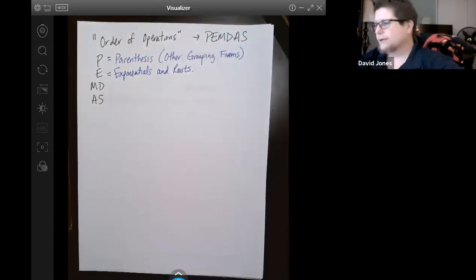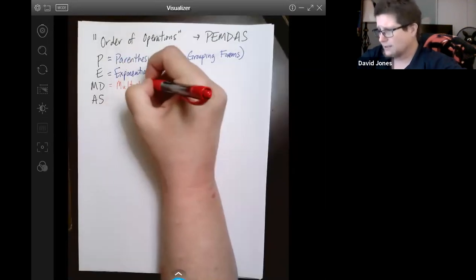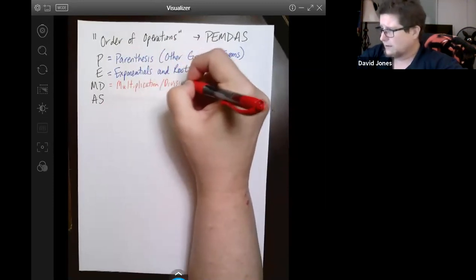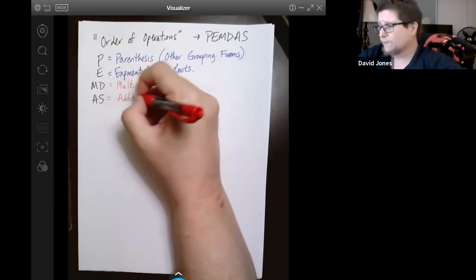And the reason why we say just exponentials, we can write roots like square roots as an exponent. It's going to be a fraction in the exponent. You'll see in the course of the semester. I put MD on the same line because this is both multiplication and division. And then AS is addition and subtraction.